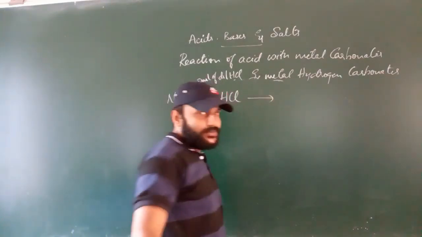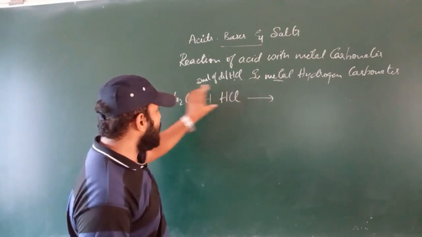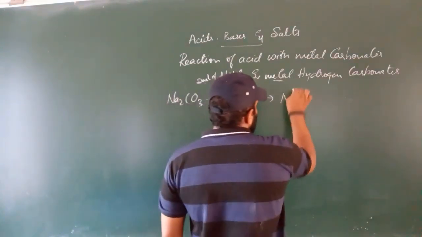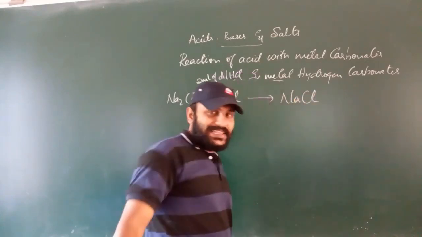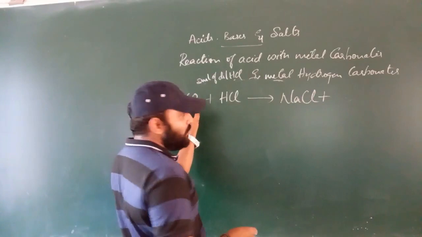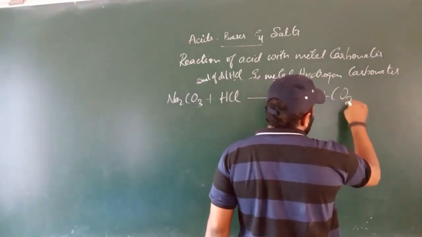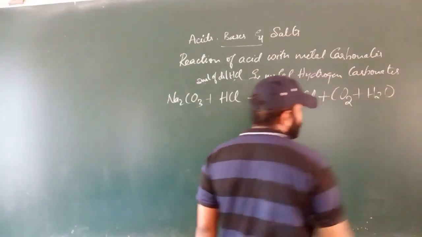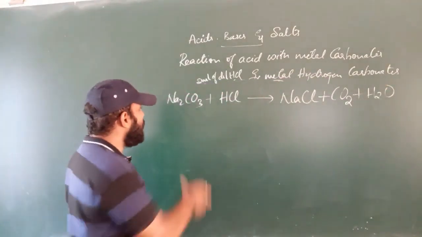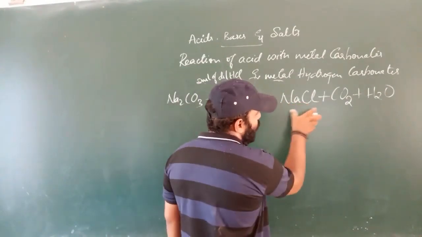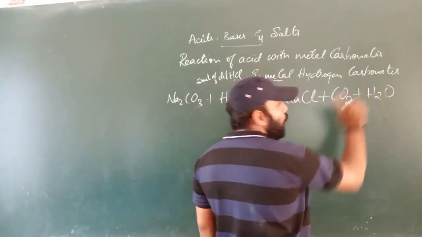So what is the product we will be getting here? Na is there, Cl is there. We will get one salt, called what? Sodium chloride, NaCl. What else? CO3 is there, so we will get carbon dioxide plus H2O. Understood? So sodium carbonate reacts with HCl, and we get sodium chloride plus carbon dioxide plus water.